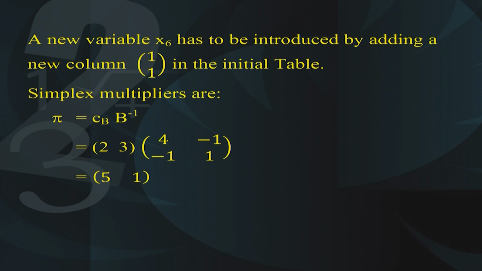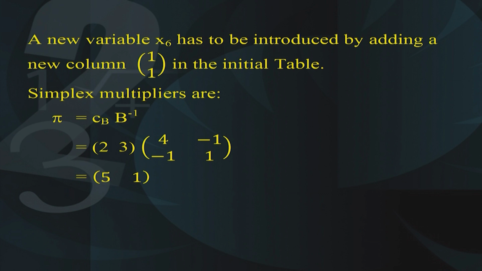A new variable x6 has to be introduced by adding a new column, that is 1 1, in the initial table. Now, why is it 1 1? It is 1 1 because the first 1 corresponds to the first resource, that is labor, and the second one corresponds to the material.